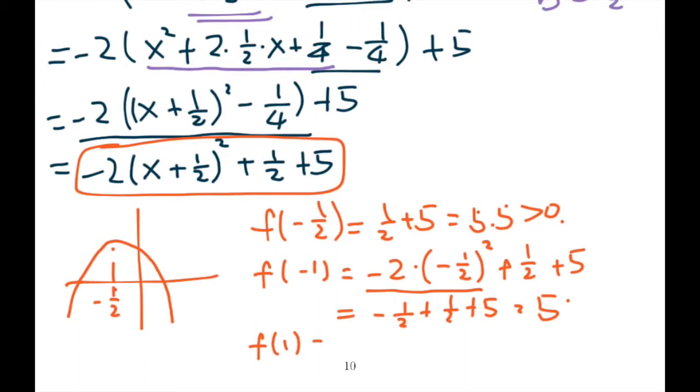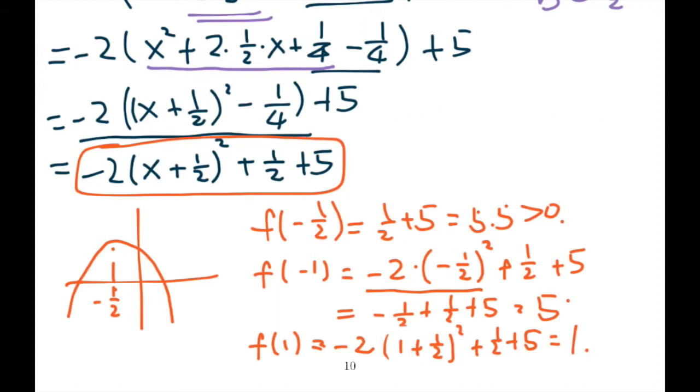And at 1, by the same way, we can find it is equal to -2 times (1 plus 1/2) squared, and then plus 1/2 plus 5, and this is equal to 1.